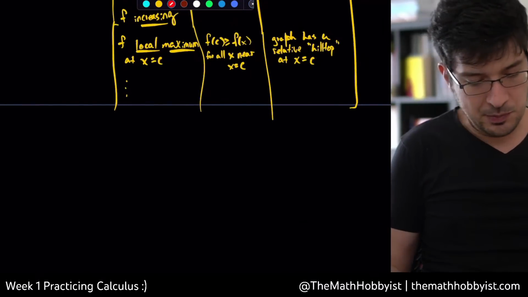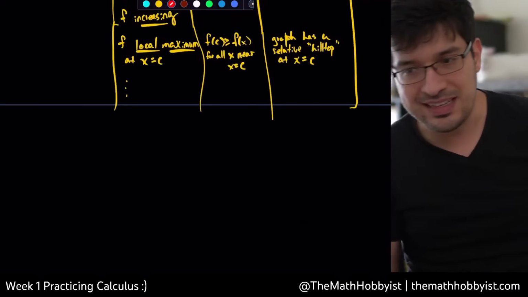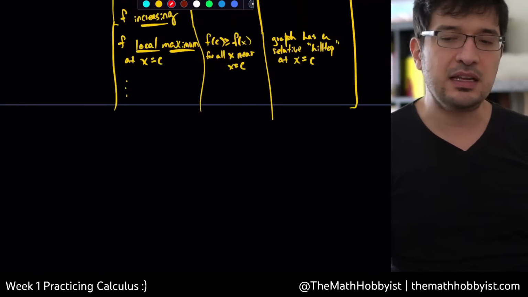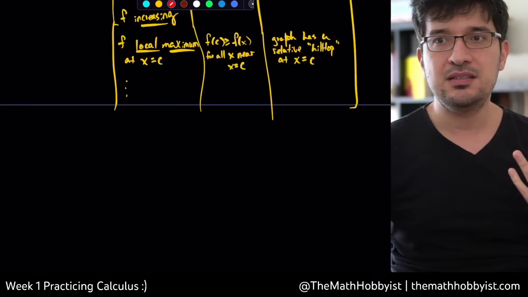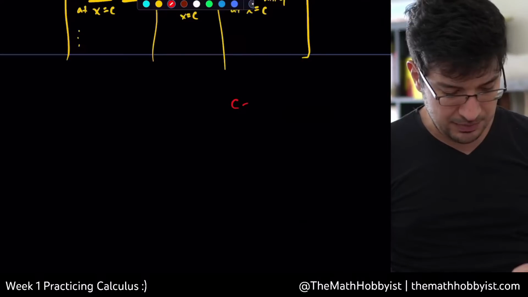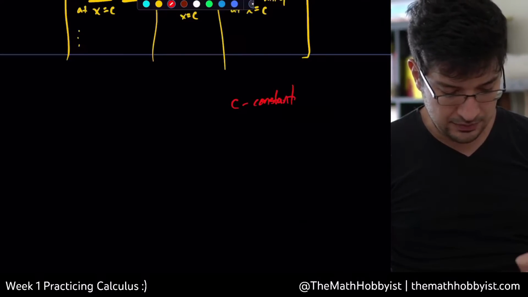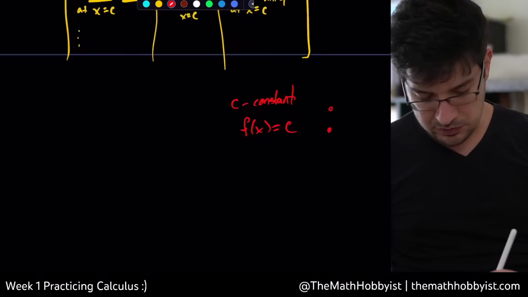Maybe it's just because I'm a math major, but I like x naught as opposed to c because it reminds you that it's an input to the function as opposed to an output. The letter c to me sounds like a constant. I think of the function f of x equals c. It's that one lazy function that will always return the same output no matter what you give it.